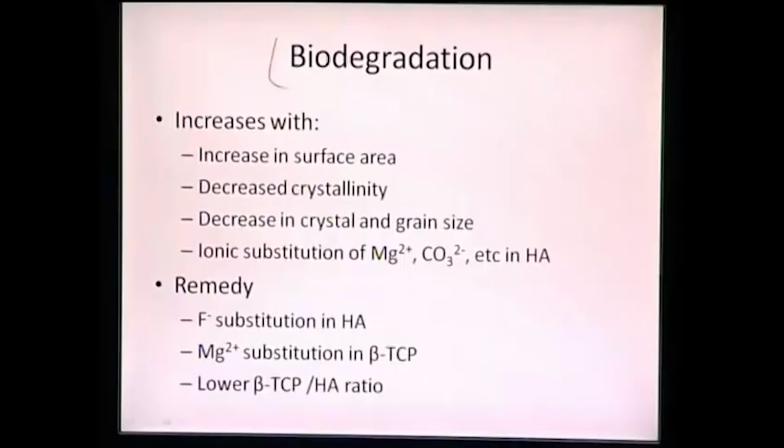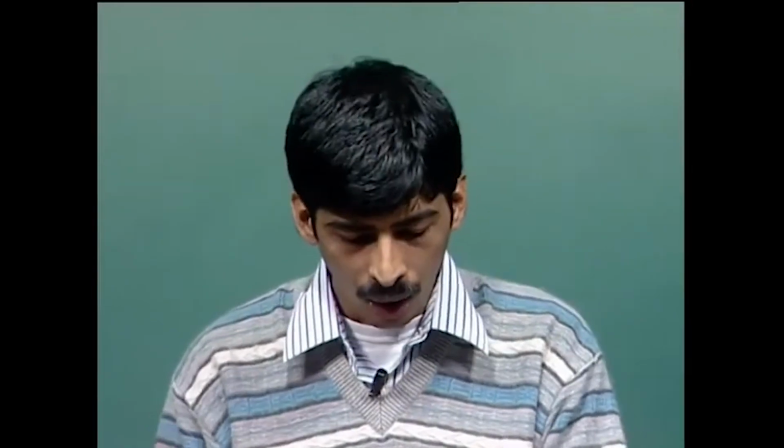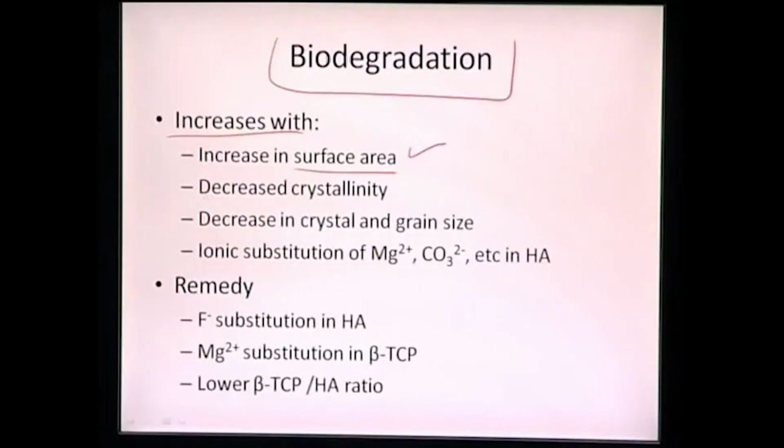And again, this biodegradation increases with increase in the surface area, because the more the surface area, the more there is interaction of this particular material with the surrounding environment, and there is much more loss, either in terms of corrosion, in terms of particle interaction, or even in contact with the nearby flowing media. Biodegradation can also increase with decreased crystallinity, because once we have crystallinity, there are many crystalline regions which can serve as strong reinforcing regions.